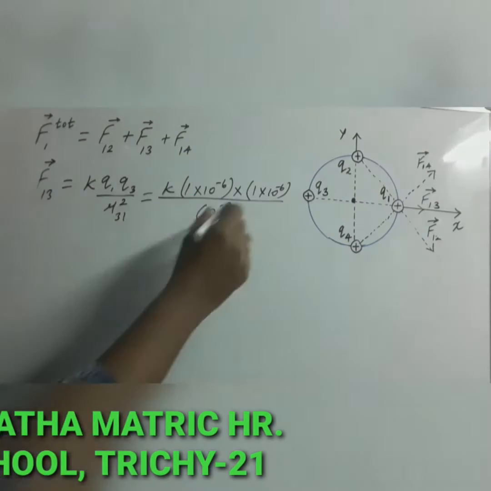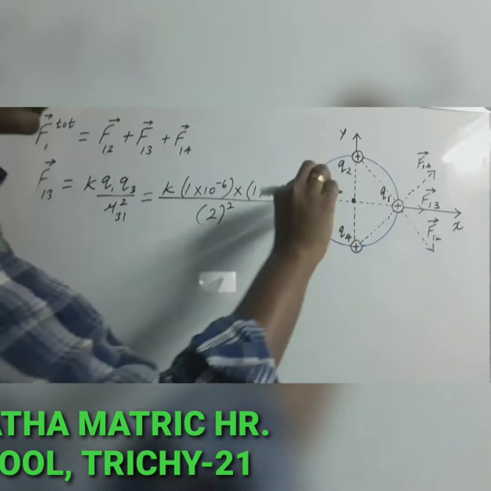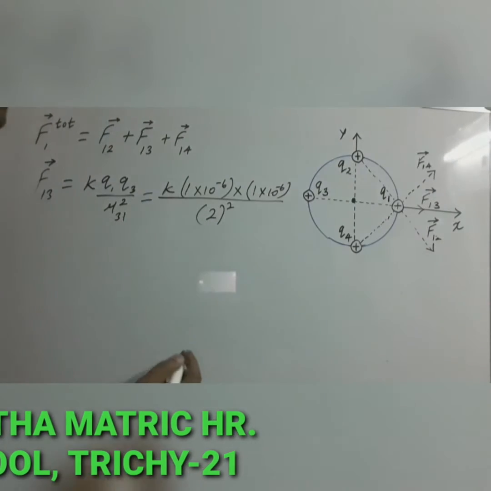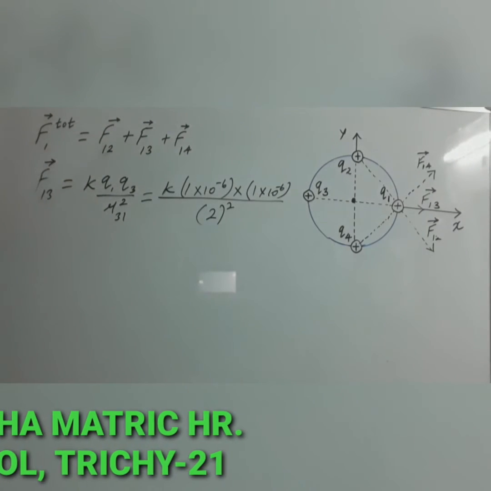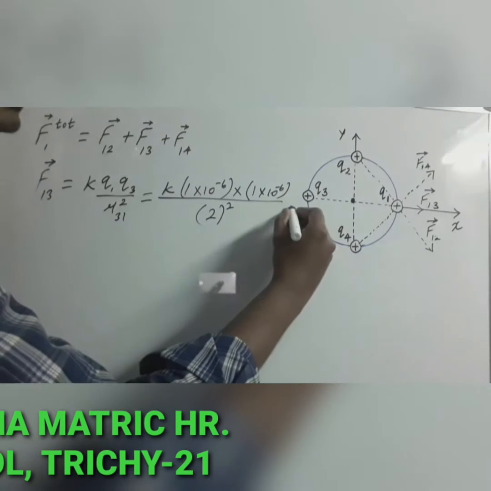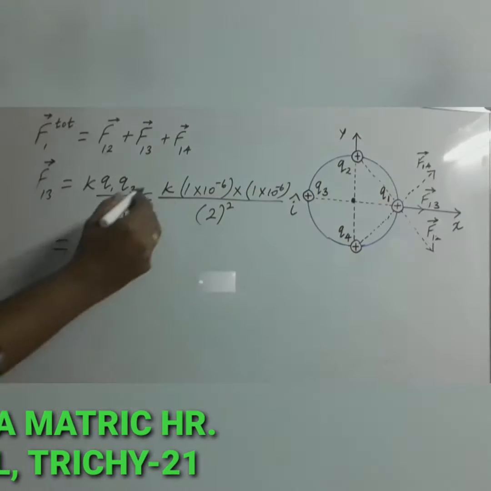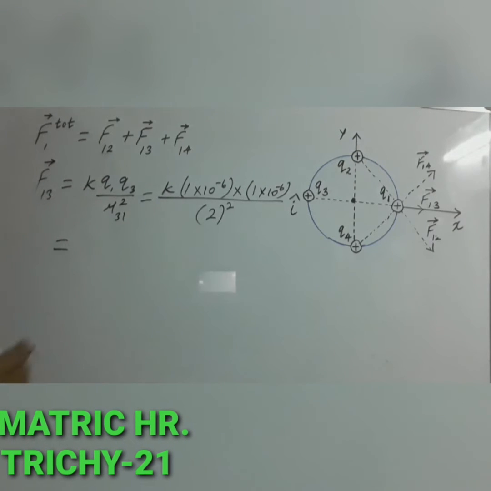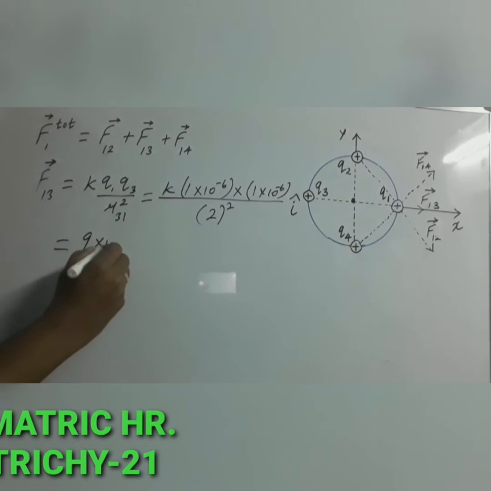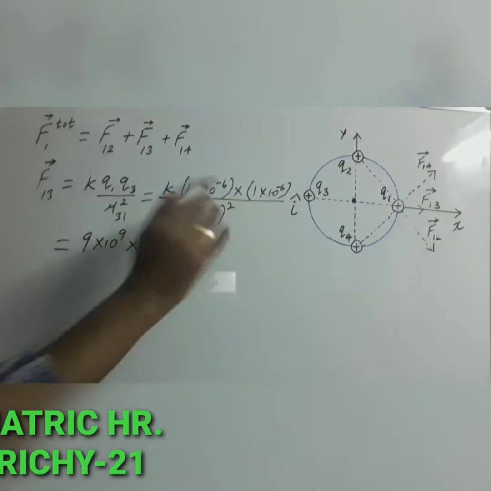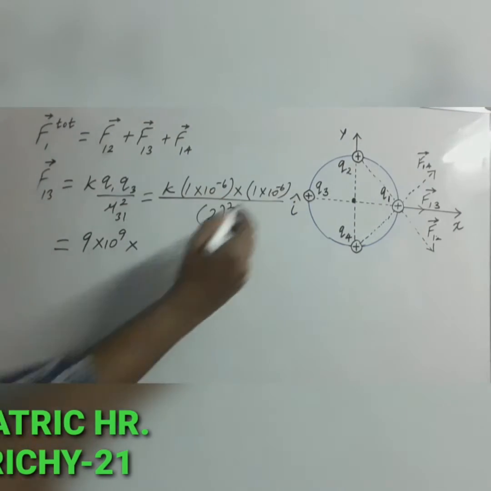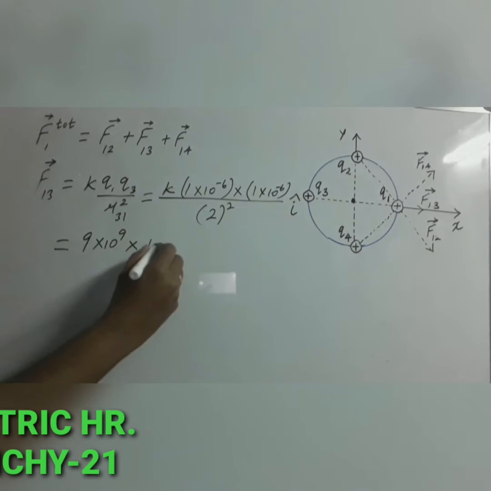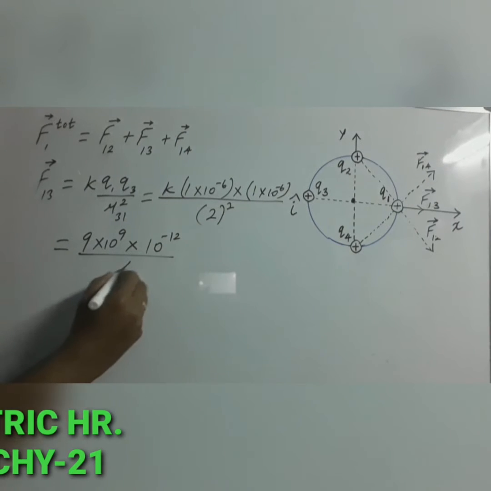Since it is a vector quantity, we have to represent the direction of the force. It acts along the positive x-axis, so we use the unit vector i cap. What is the value of K? K is 1 by 4 pi epsilon naught, which has a numerical value of 9 into 10 to the power of 9. So 1 into 1 is 1, 10 to the power of minus 6 into 10 to the power of minus 6 is 10 to the power of minus 12, divided by 4.